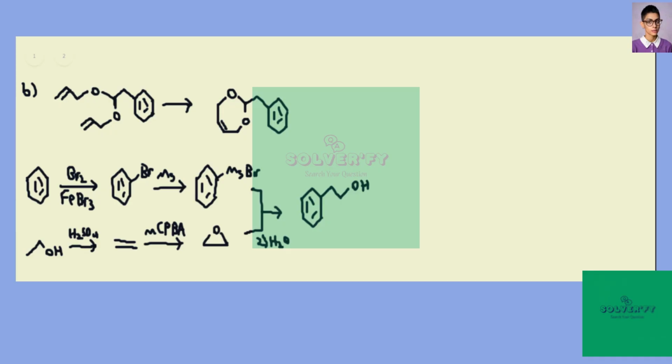Okay. And now with PCC, we can oxidize this alcohol to the aldehyde. Okay, so we have our aldehyde. Now we just need to make the acetal out of that aldehyde.